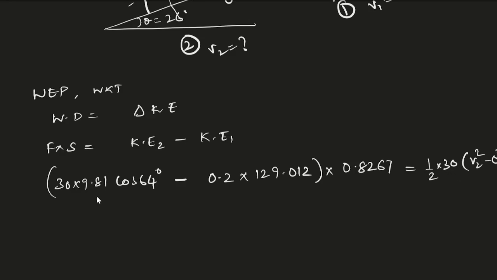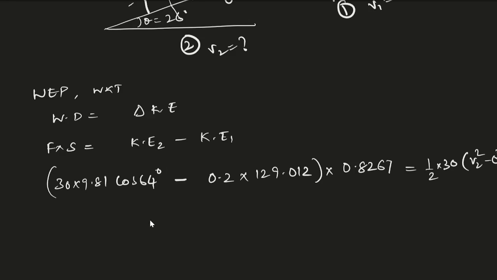Now we can put it in the calculator: 30 into 9.81 into cos 64, minus 0.2 into 129.012 into 0.8267.